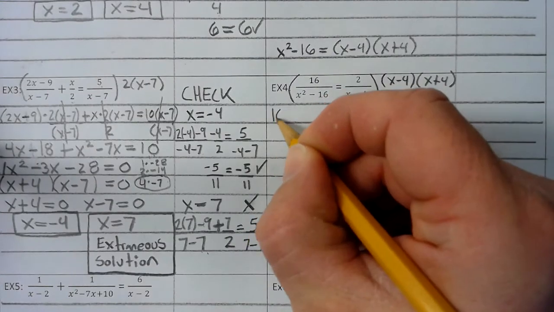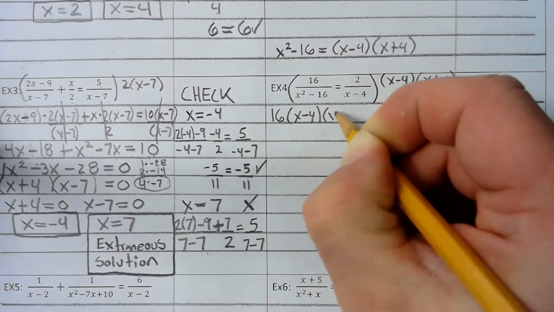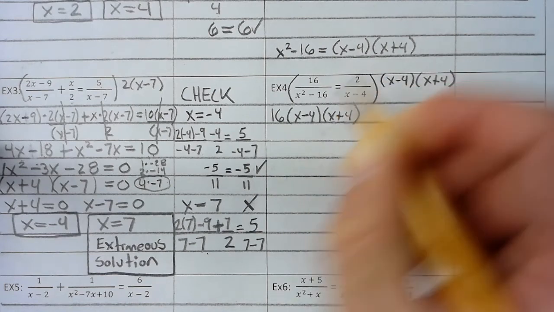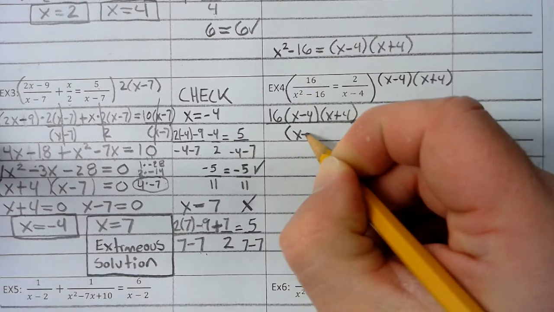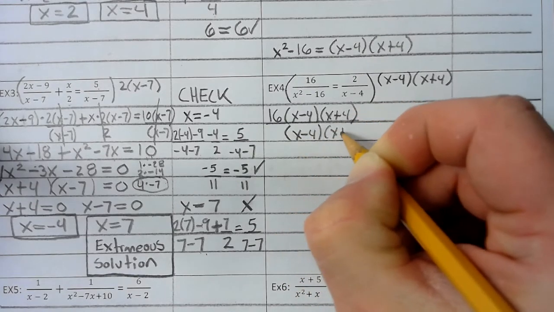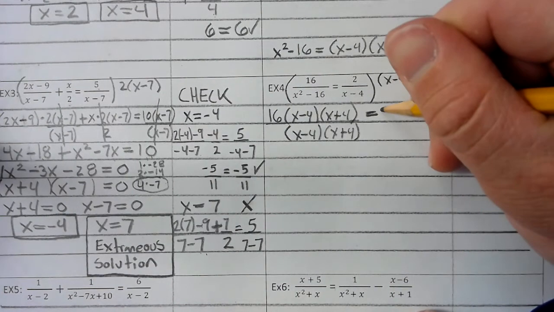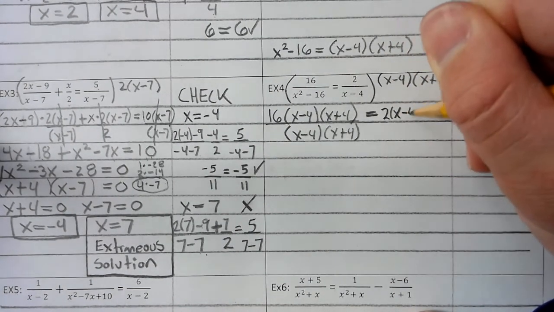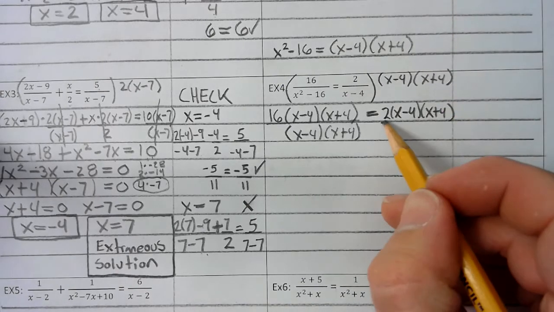So then that's 16 times x minus 4 times x plus 4. And we've already stated that x squared minus 16 is x minus 4 times x plus 4, equals 2 times x minus 4 times x plus 4, divided by x minus 4.